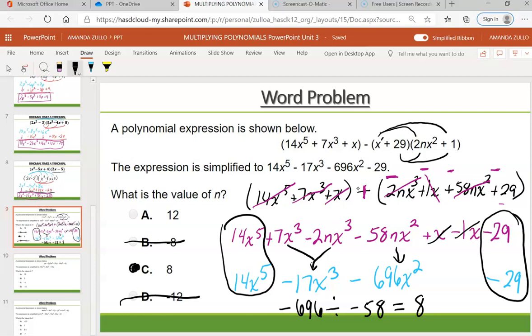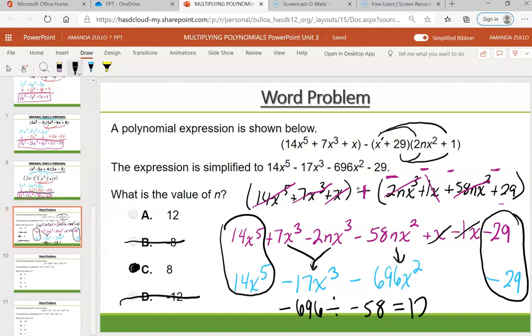You could check this by substituting your 8 in here. Oh wait. Maybe you should use a calculator because I just chose the wrong answer. 696 divided by 58 is 12, not 8. I'm sorry. Don't use your brain, use your calculator.